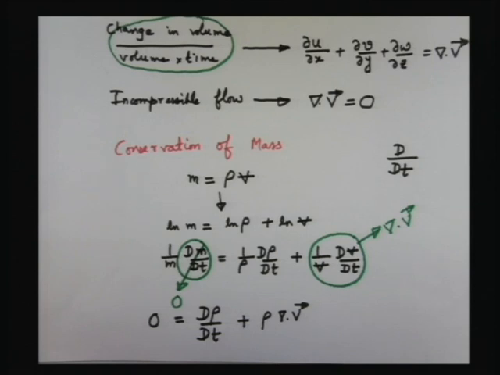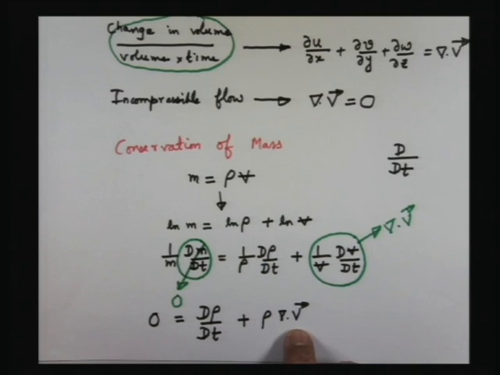So can you now tell what is the simplified form of this equation if the flow is incompressible? If the flow is incompressible, then the divergence of the velocity vector is 0, right?